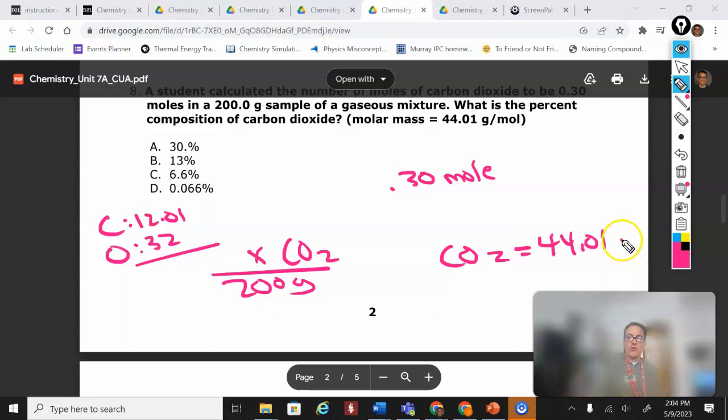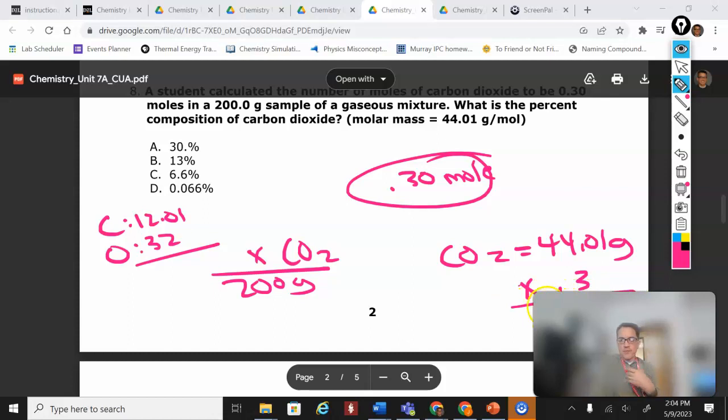So 1 mole would be 44.01 grams. I don't have that many, so I've got 0.3 moles. So I would multiply that by 0.3 to get the correct number of grams that I would have here. So I got 44.01 times 0.3. That's 13.2 grams.